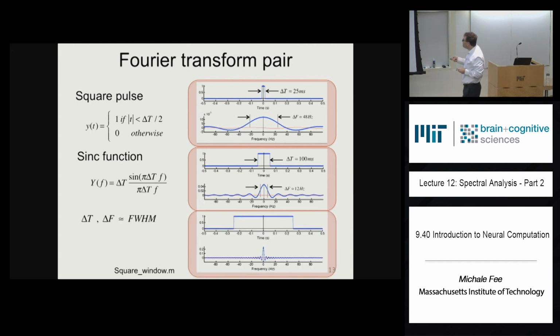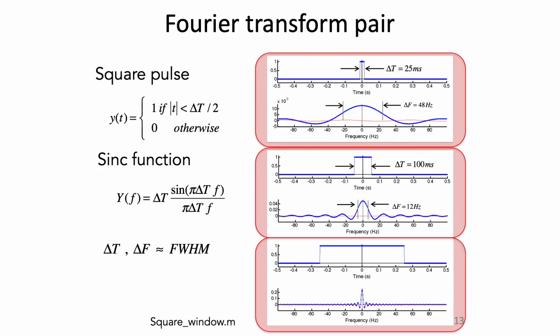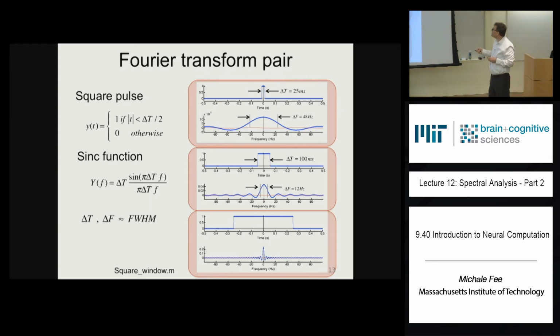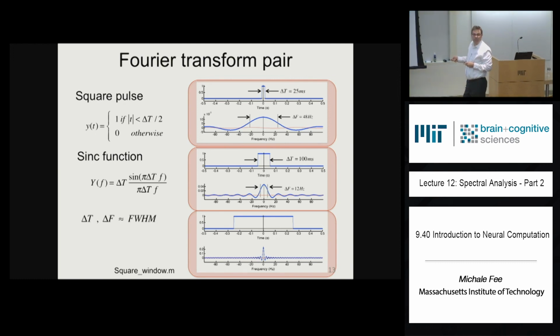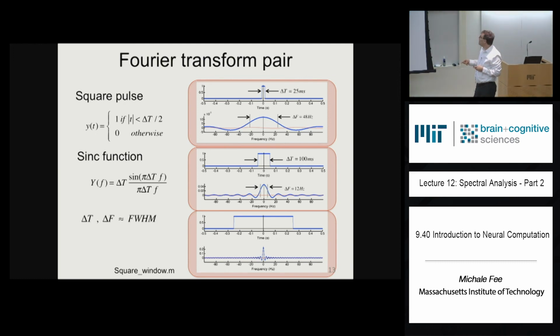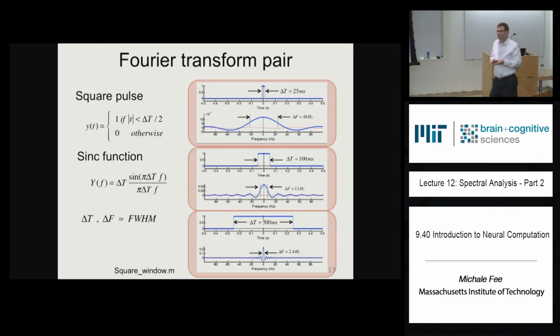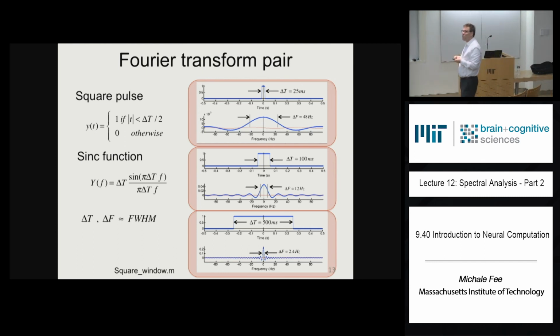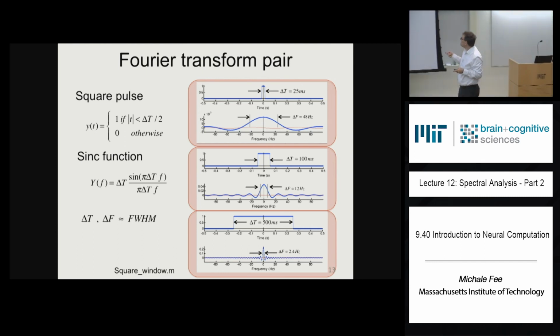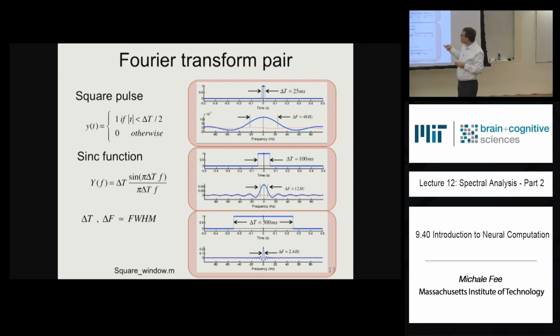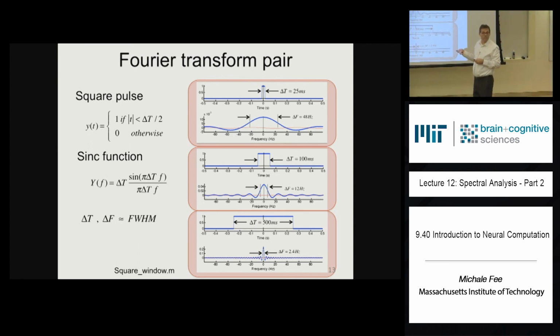What happens if we have a pulse here that is 500 milliseconds long? So 5 times longer, what's the width of the sinc function going to be? It'll be 5 times narrower than this, so a little over 2 hertz. Does that make sense? So you should remember this Fourier transform pair, a square pulse and a sinc function.